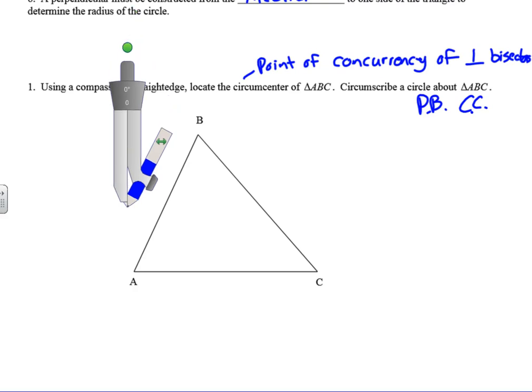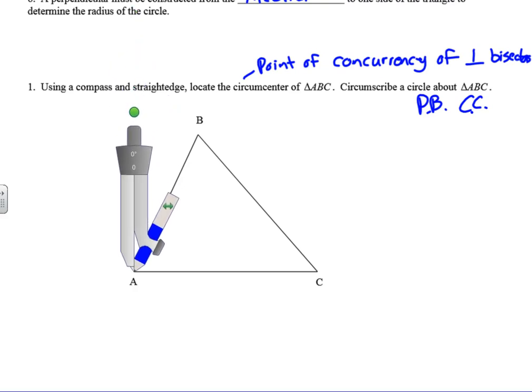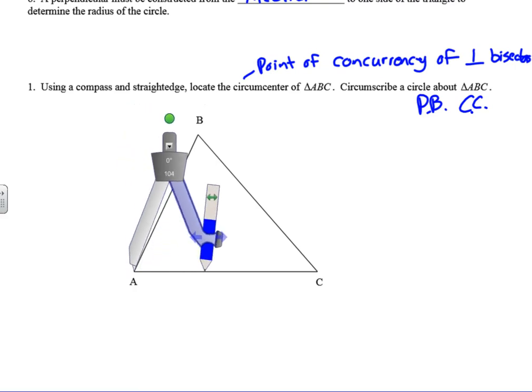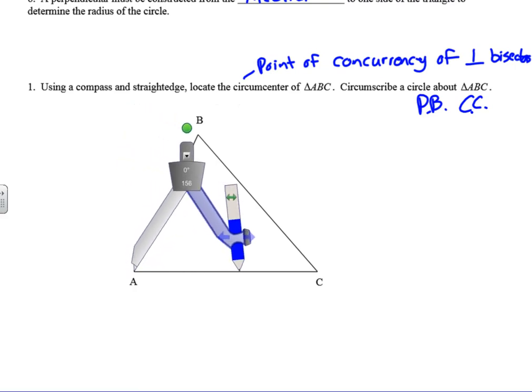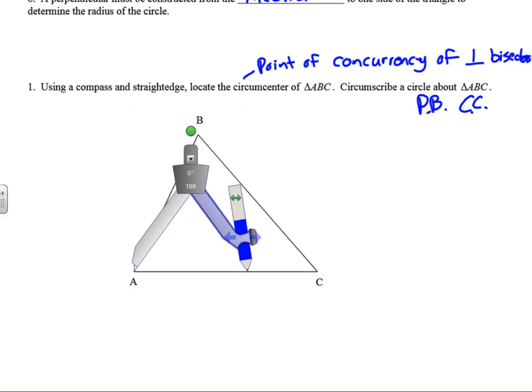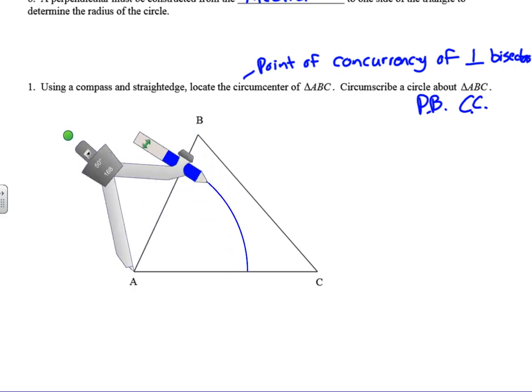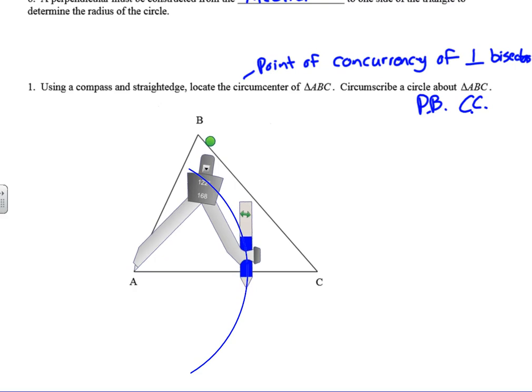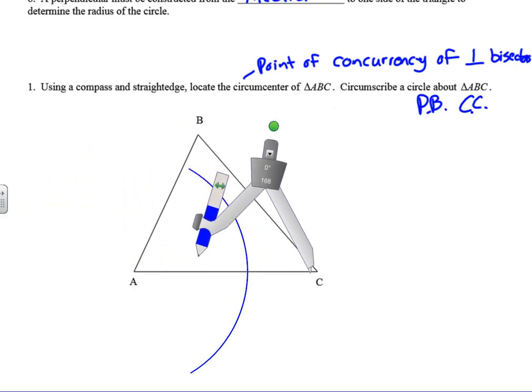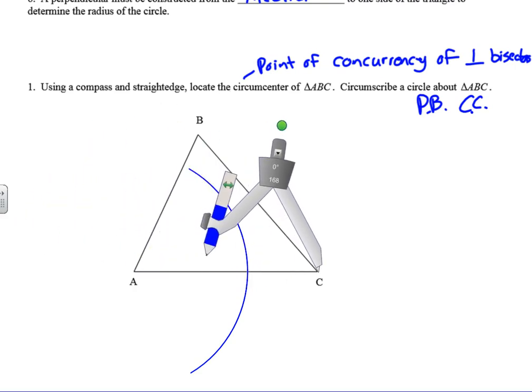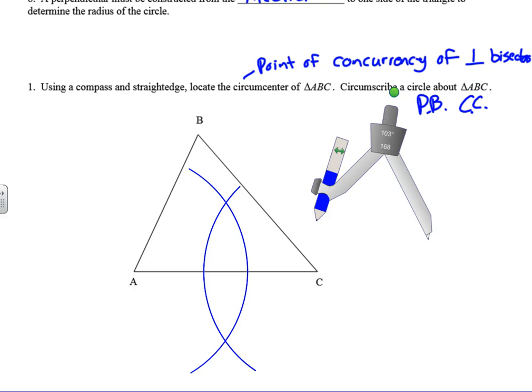So we've got ourselves a compass here, and now my perpendicular bisector is formed by going more than halfway, and we do our kind of surfboard arc. It doesn't have to be a full surfboard, it does need to intersect above and below. So notice that this doesn't come out of the vertex. Okay, that's a perpendicular bisector.